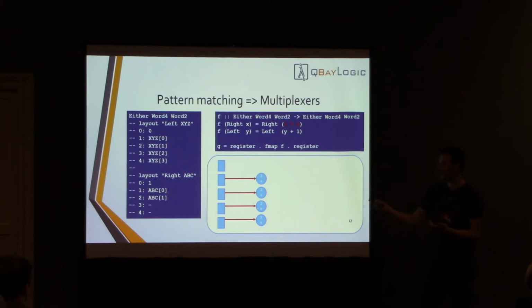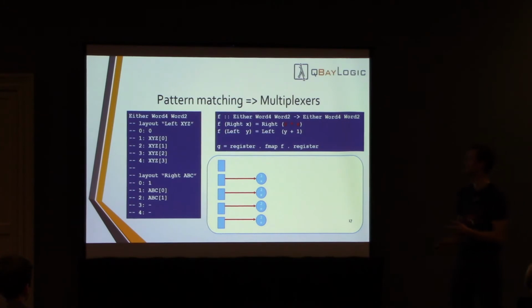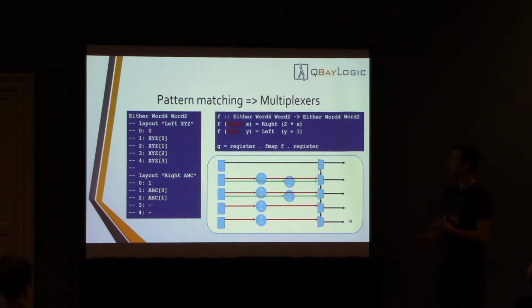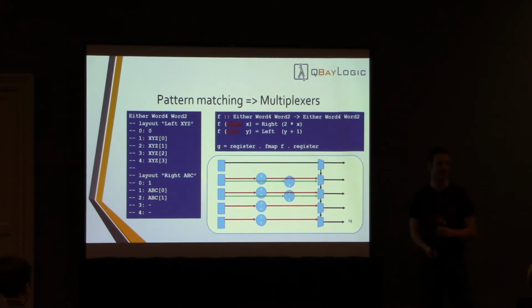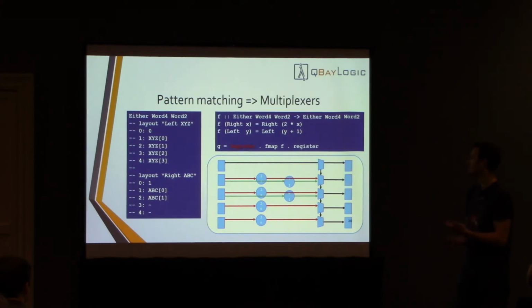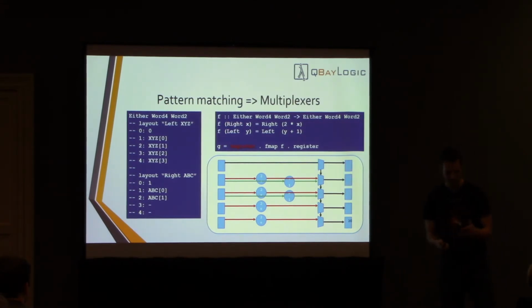Then you get your elementary times 2 or plus 1. And then pattern matching on right or left has to choose between those alternatives. And choosing will introduce these things called multiplexers, and they take up space as well. And then you have the final register.